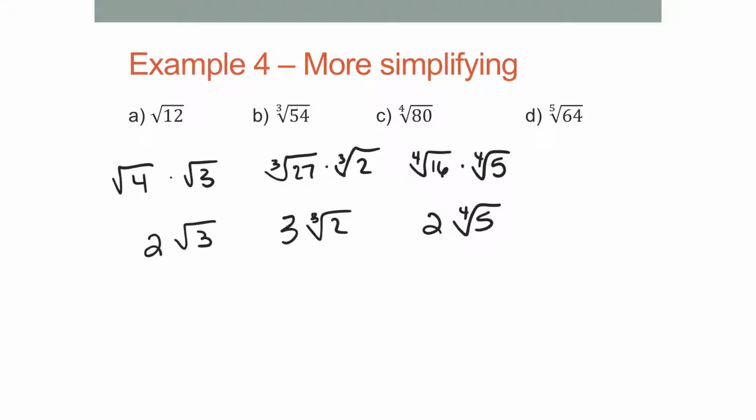I was saying 64 divided by 32 is 2, right? Yeah. So how about the fifth root of 32 and the fifth root of 2? Fifth root of 32 is, of course, 2. So it's 2 times the fifth root of 2. Again, pause the video, think about this, go back, listen to it again. I think it'll make sense to you after that.